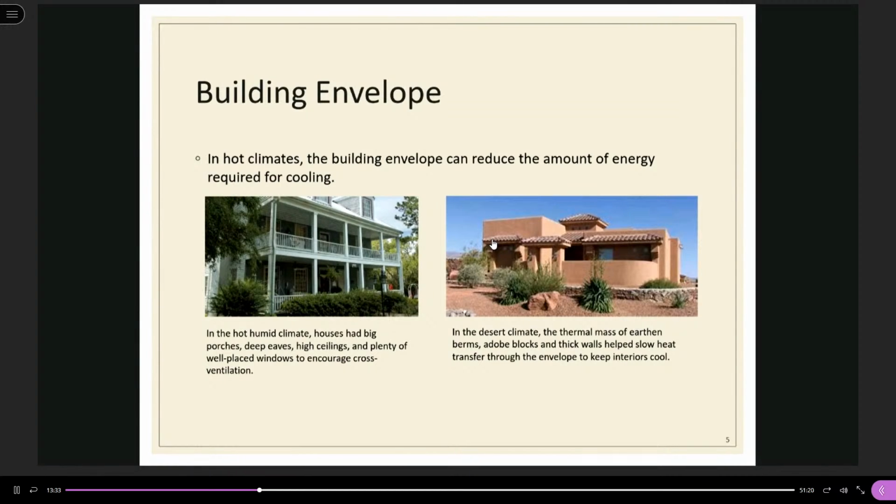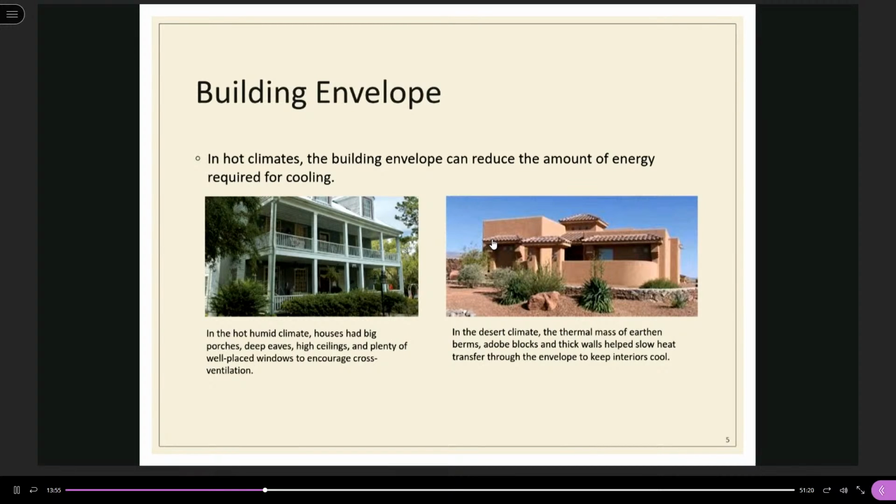On the right, this is a picture of a house in a desert climate. In the desert climate, it is very hot in the daytime. So there is the thermal mass of earthen materials, like soil, mud, adobe blocks, and thick walls.